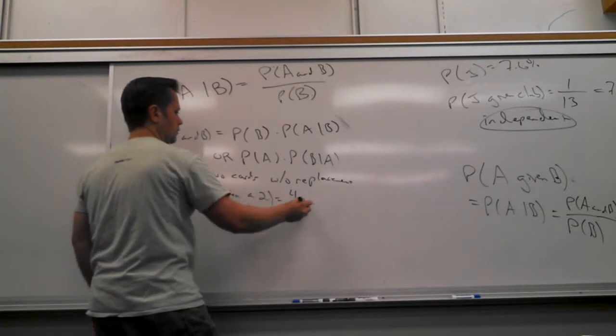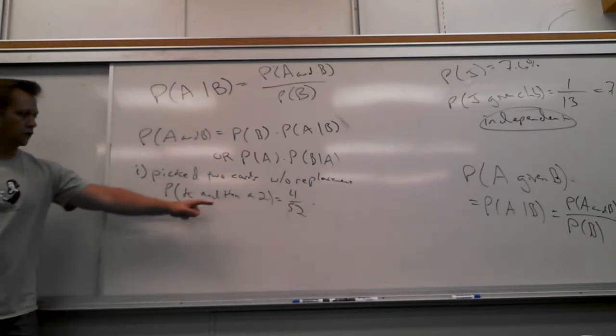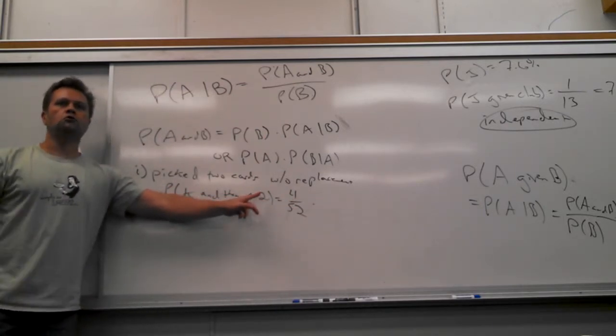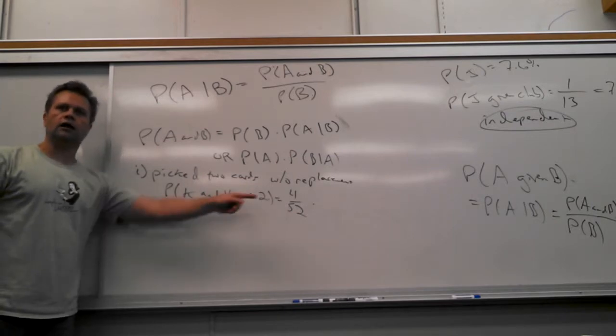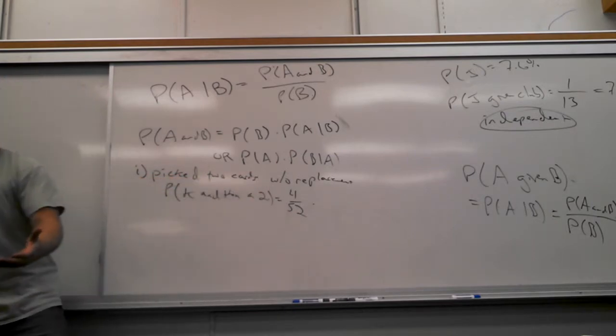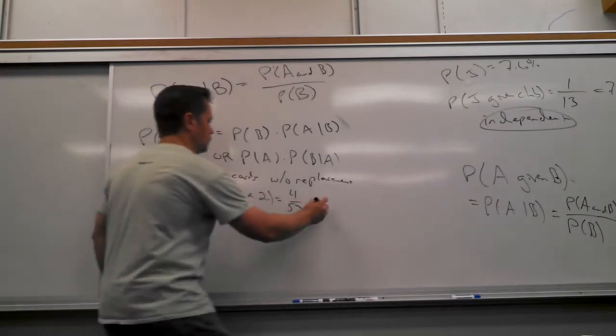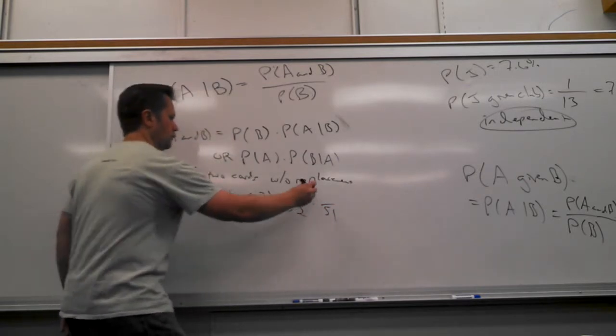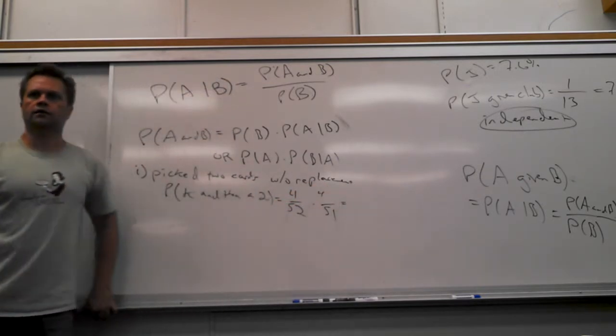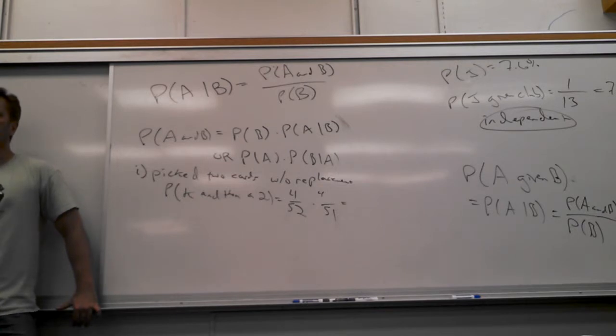Times. Beautiful. What's probably the next card is a 2, given that I already picked a king. Well, how many cards are there now? 51. And out of those 51, how many are 2s? 4. So that'd be whatever the hell that is. So we did a series of problems like that. I just didn't tell you what the formula was because I wanted you to realize the idea is bigger than the formula.